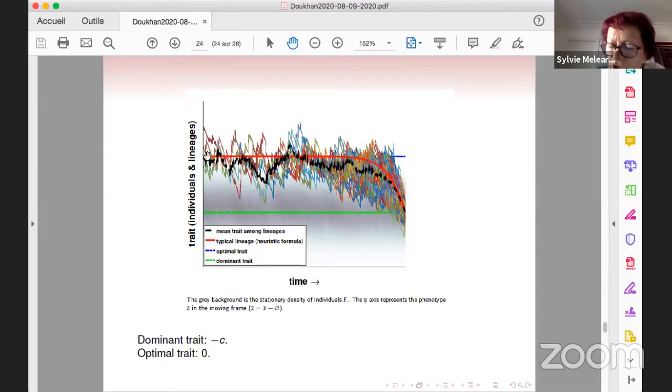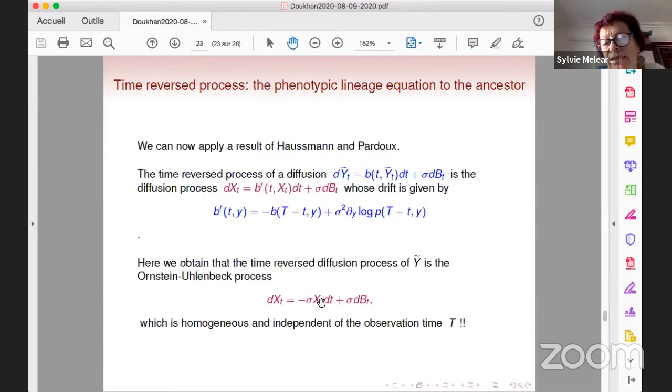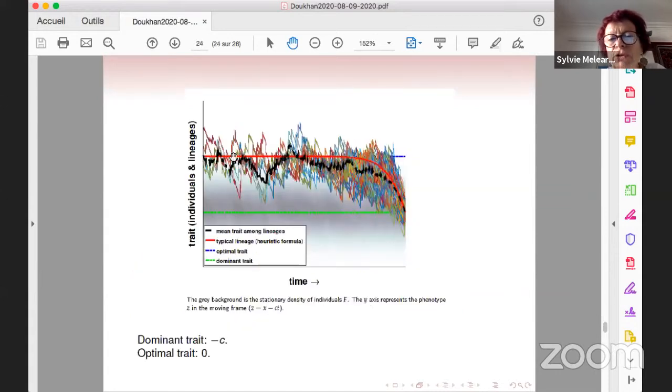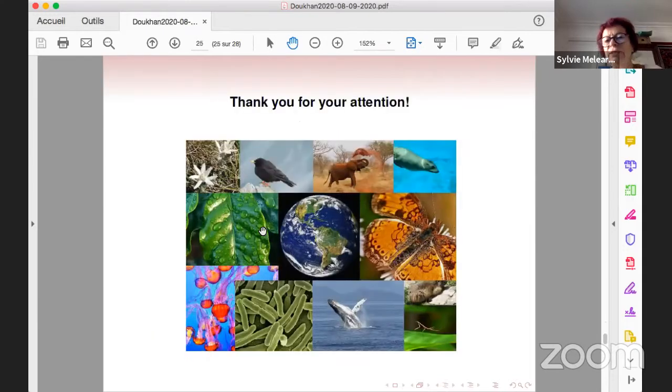We understand that the main direction of this drift is to go to 0, which is why we have 0 with the red line here as the trait 0. So I have finished, you have the whole picture here, and thank you for your attention.